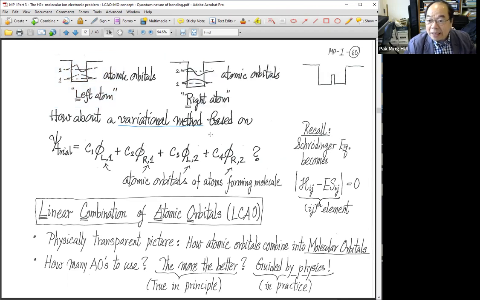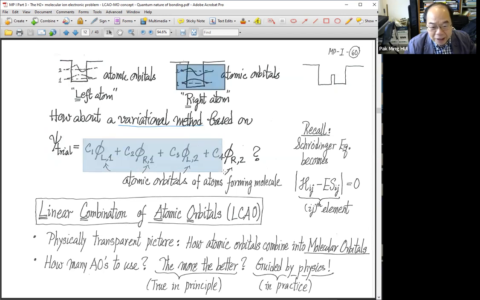That is the key idea behind LCAO. So in this problem, if we want to solve for the ground state, I will write down a trial wave function. I use the ground and first excited state, 1 and 2 on the left, 1 and 2 on the right.